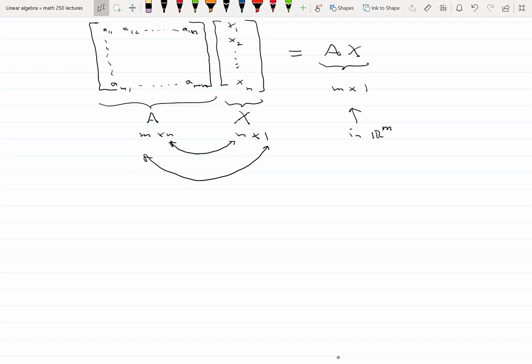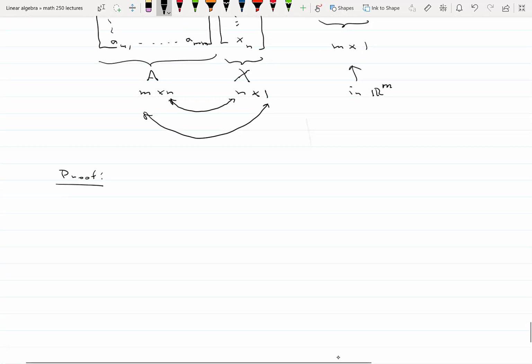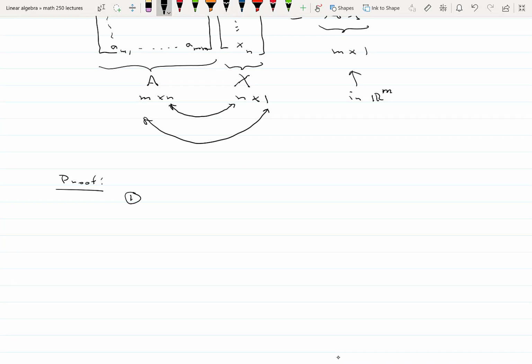Okay, so let's prove this. Let's prove that it's a linear transformation. It's not difficult. It's not at all difficult. Proof. I'm going to show that T of X equals AX is a linear transformation. Two things have to hold true. One, let X and Y be in where?